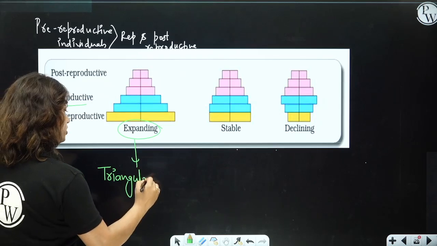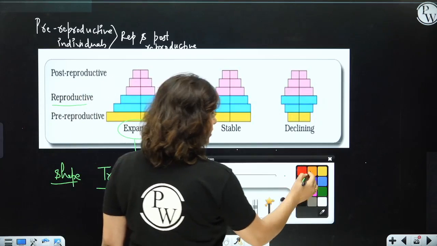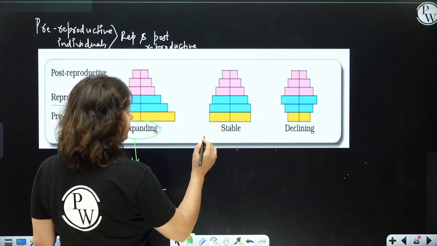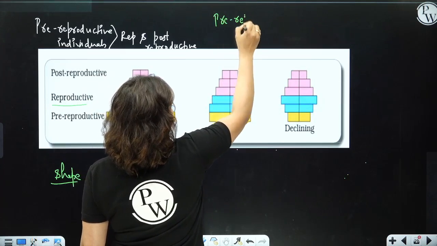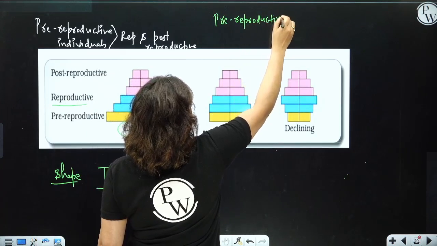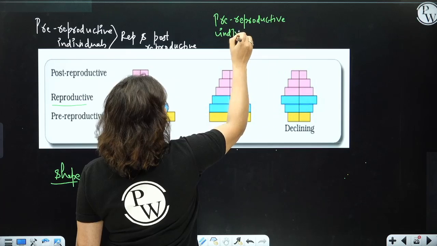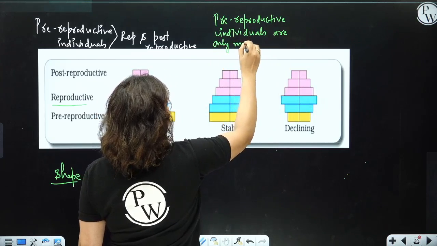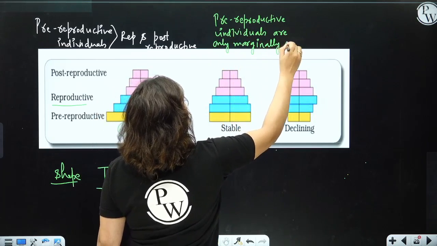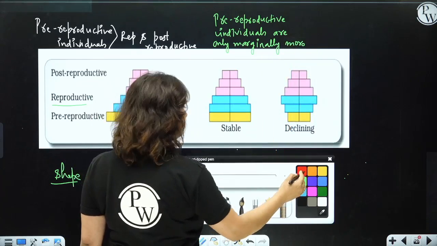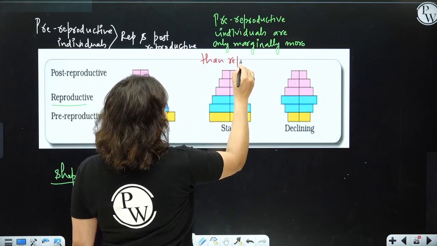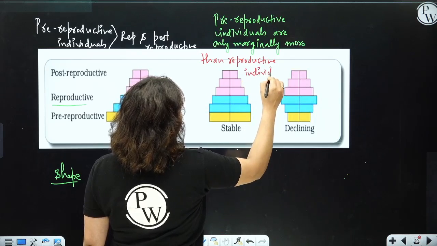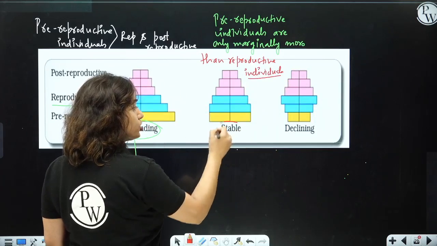But if the pre-reproductive individuals are only marginally more than reproductive individuals, that means almost similar, that means there is not much difference between the number of reproductive and pre-reproductive individuals, then the population will be stable.